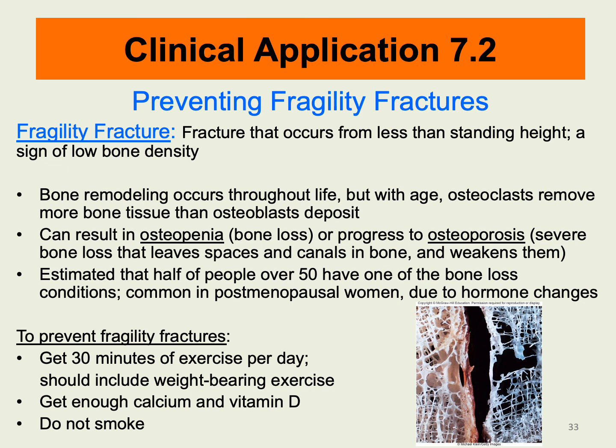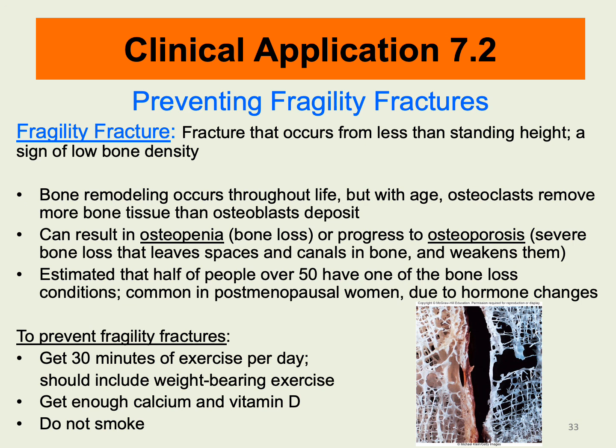Fragility fracture: a fracture that occurs, fracture meaning broken bone, right, from less than standing height, a sign of low bone density. Bone remodeling occurs throughout life, but with age, osteoclasts remove more bone tissue than osteoblasts are able to deposit. That results in osteopenia, which means bone loss, and that progresses to osteoporosis, which is the severe bone loss that leaves spaces and canals in bone and weakens them.